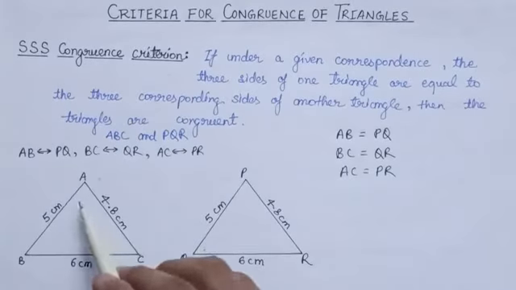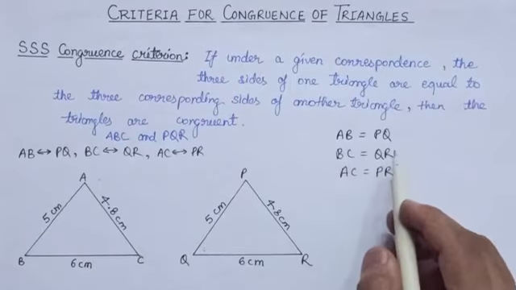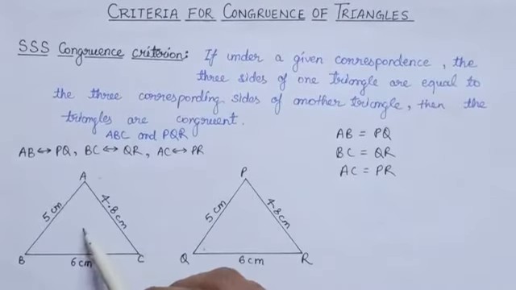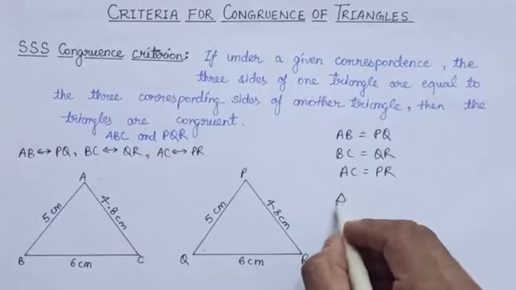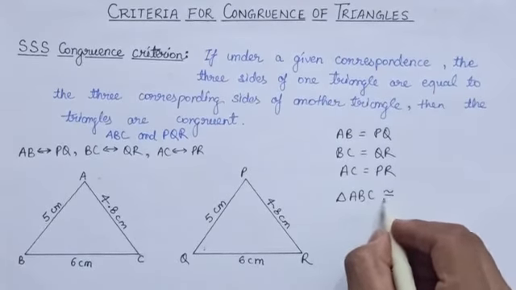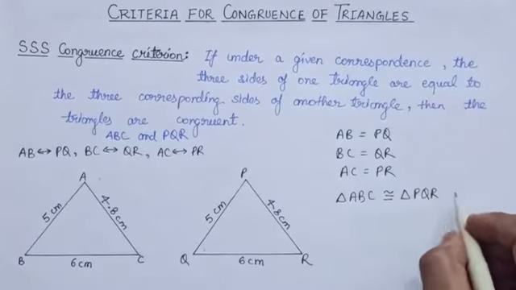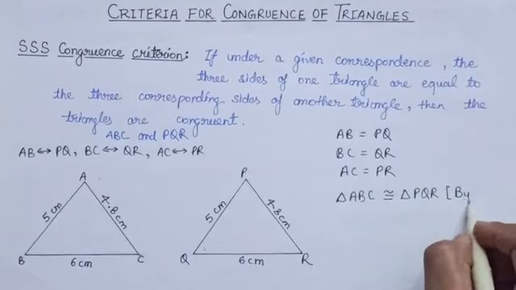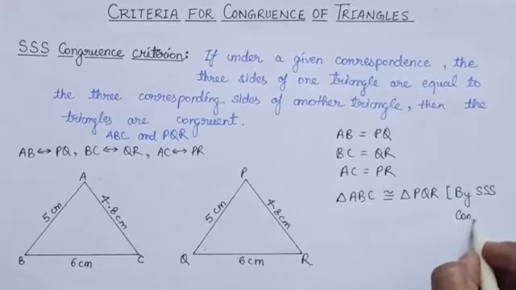It means the three corresponding sides of one triangle are equal to the three corresponding sides of the other triangle. Hence we can say triangle ABC is congruent to triangle PQR by SSS, that is side side side congruency.